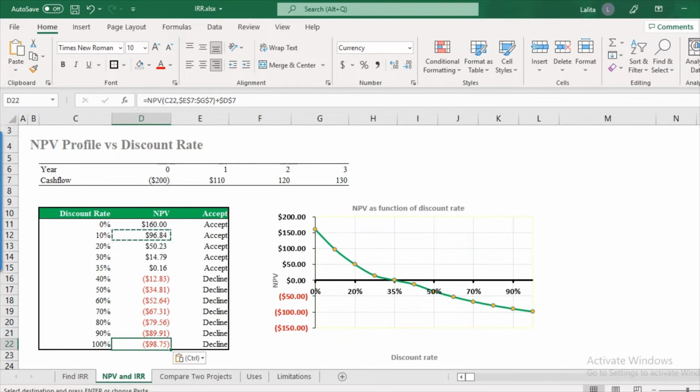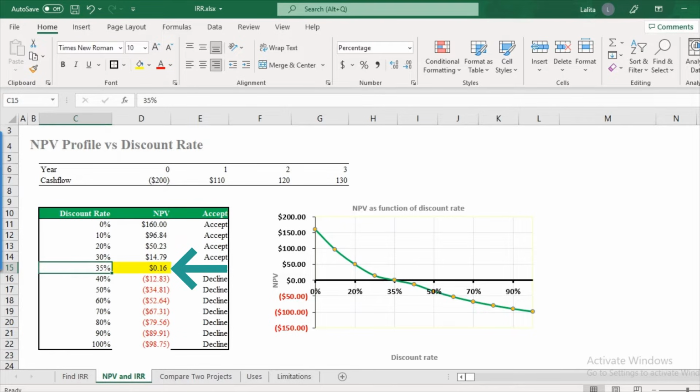Okay, so as we increase the discount rates, the net present value will decrease. And how did we define the internal rate of return? Internal rate of return was the place at which your NPV becomes 0, correct? A rate at which NPV becomes 0.